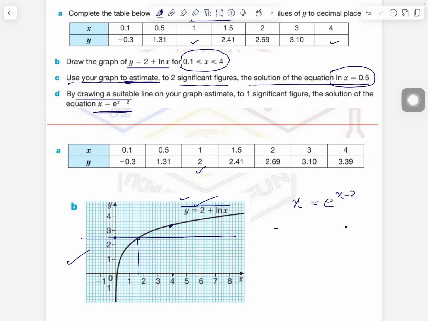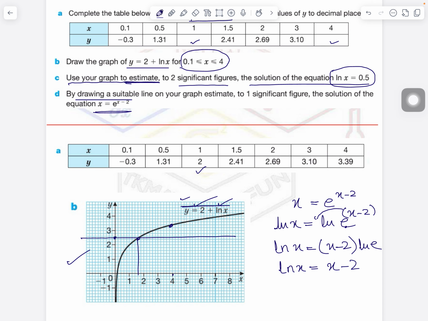So what will I do now? The first thing that comes to mind is ln on both sides. After that, I will apply the power law and bring it here. And we know ln e is 1, so I get ln x equals x minus 2.